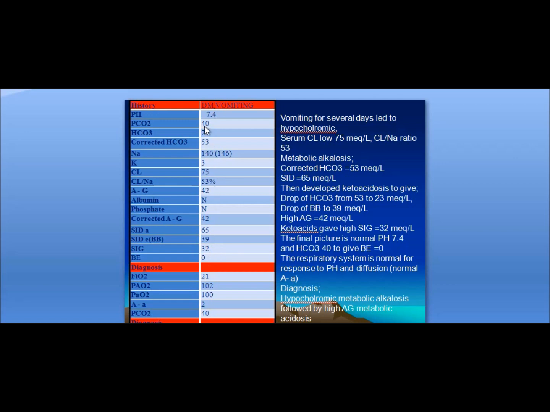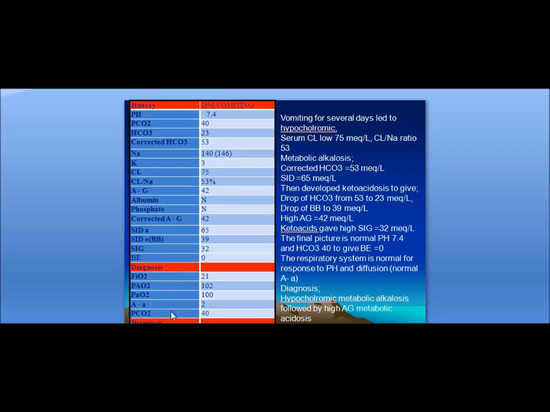So this patient developed, after the hypochloremic metabolic alkalosis, developed what? High anion gap, 42, metabolic acidosis, drop of the bicarbonate from 53 to this value 23. So this patient developed a high anion gap metabolic acidosis. That's why the picture came, as you see, it's normal.